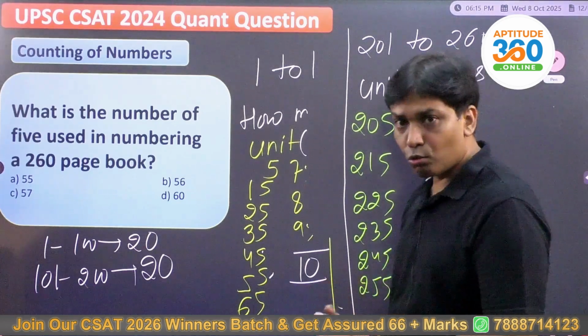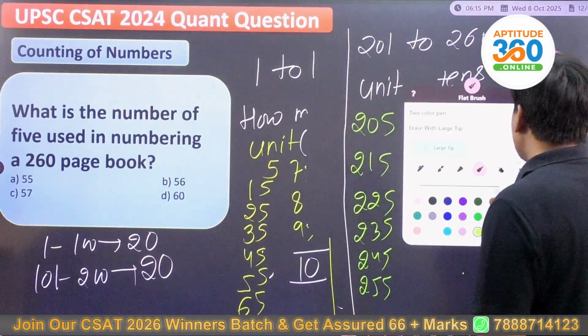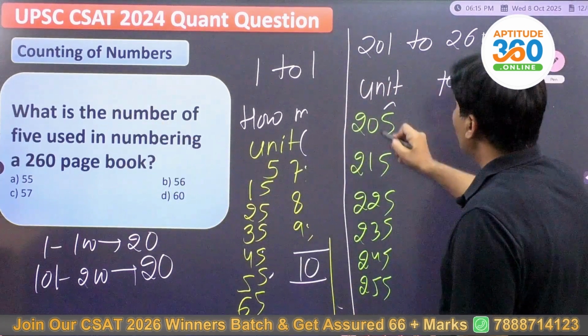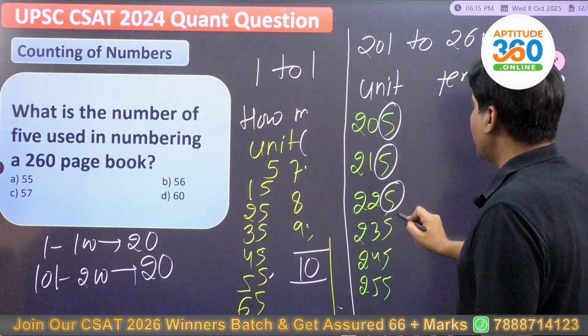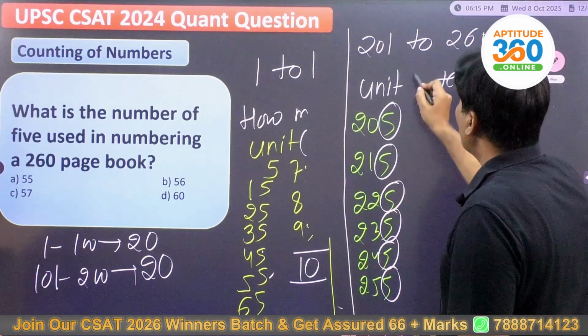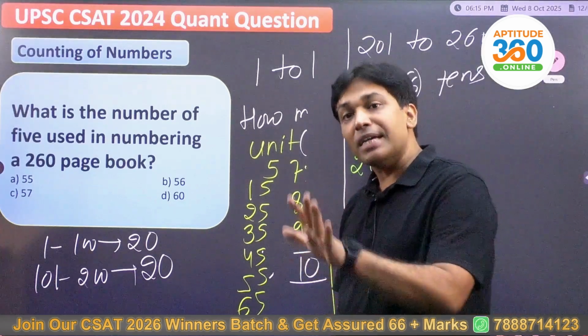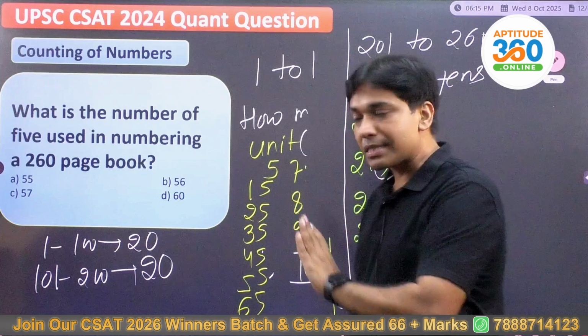That is it. 265 is beyond this. How many times have we written 5 at unit places? Count it. 1, 2, 3, 4, 5, 6. I'm not counting this one. So 5 appears 6 times at unit places.